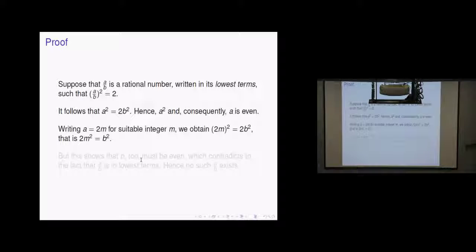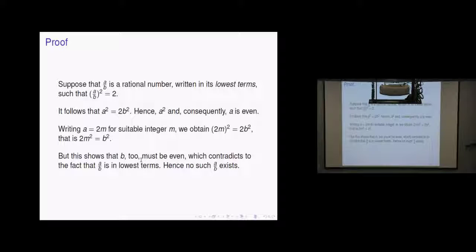So now, if a is even, writing a equal 2m for a suitable integer m, we will have (2m) squared is 2 times b squared. That is, 2 times m squared equals b squared. But this shows b must be even.